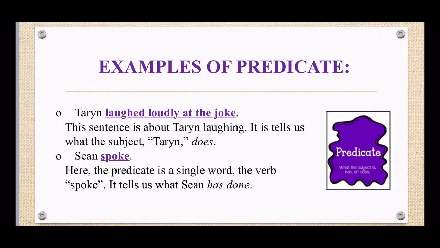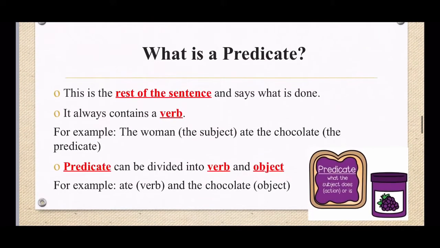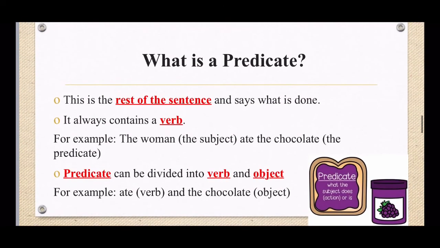Sean spoke. Here, the predicate is a single word, the verb spoke. So it tells us what Sean has done, right? So remember in the previous slide, we said that a predicate can be divided into a verb and an object.